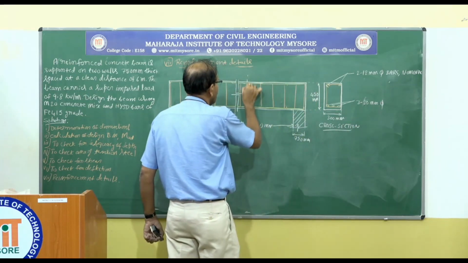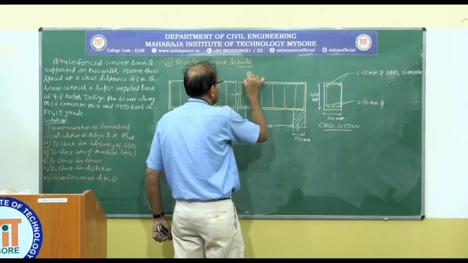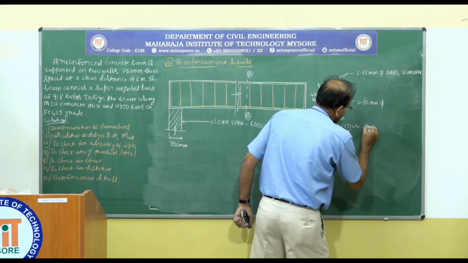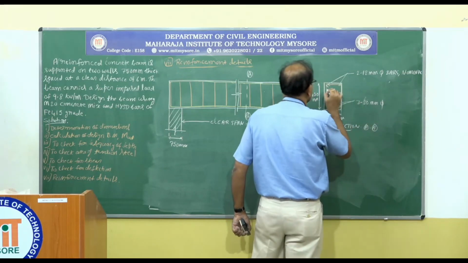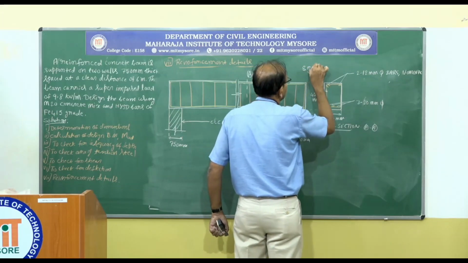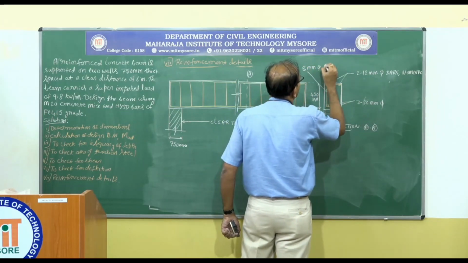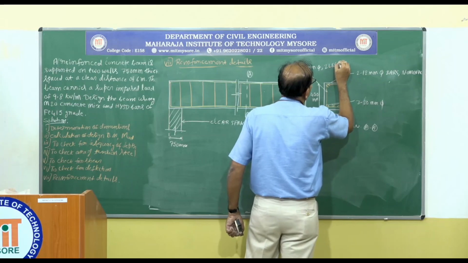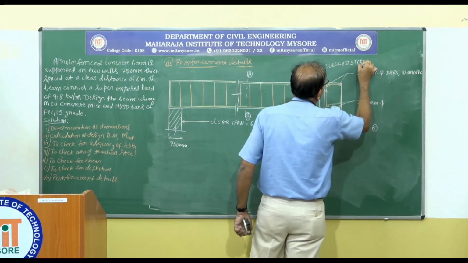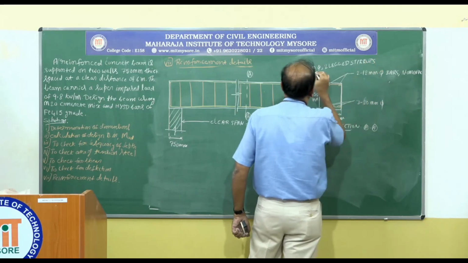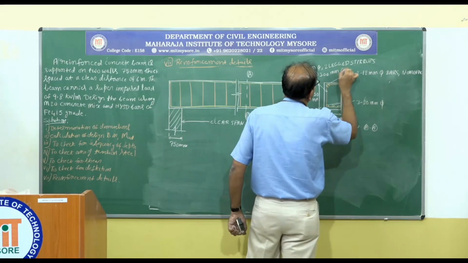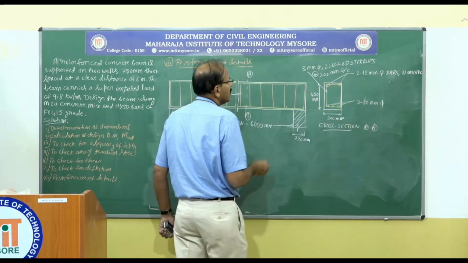You take any cross section, AA. It is the same cross section, AA. So this is 8 mm dia 2-legged stirrups at 300 millimeter center to center.